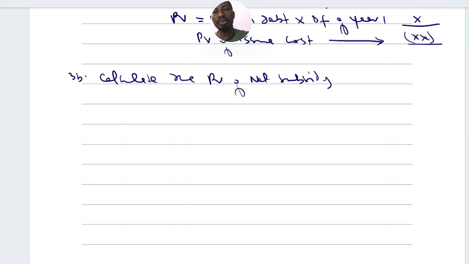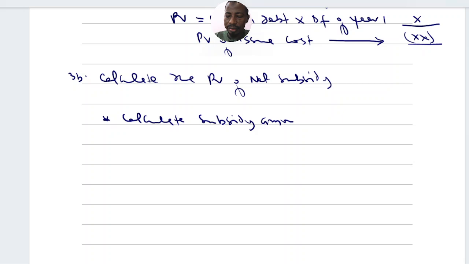How do you calculate the PV of net subsidy? There are 4 steps that you are supposed to carry out. The first step is to calculate subsidy amount. Step 1, calculate subsidy amount. Let me write that.